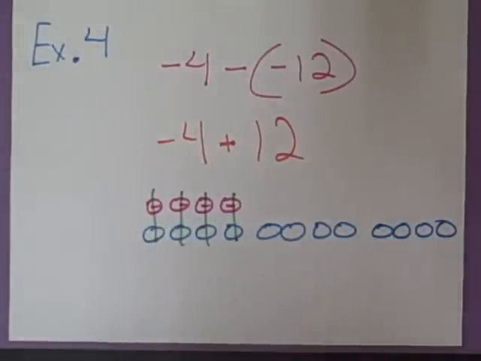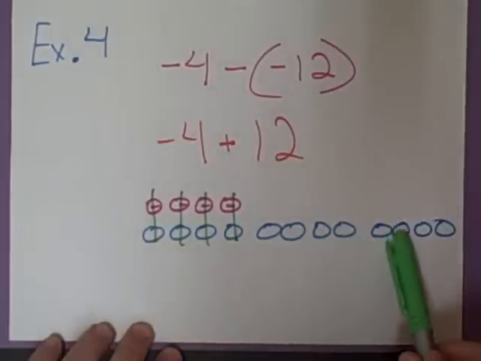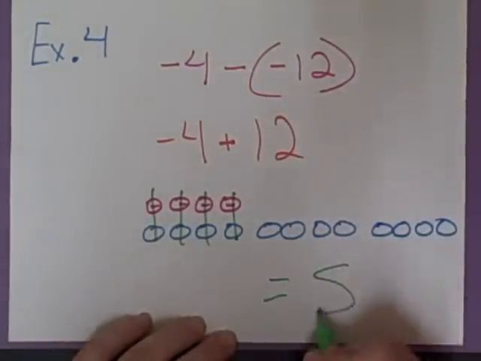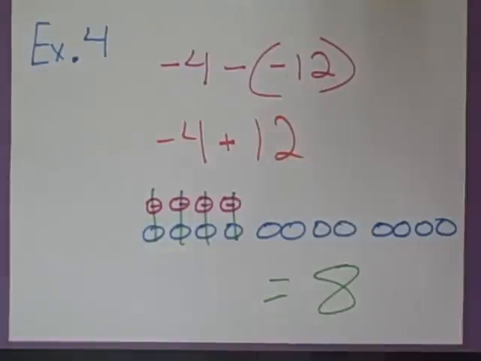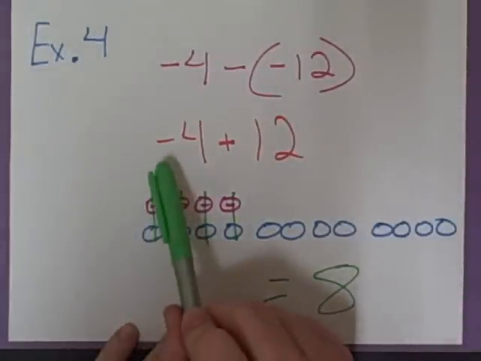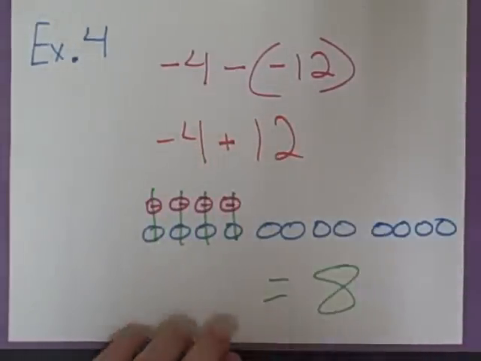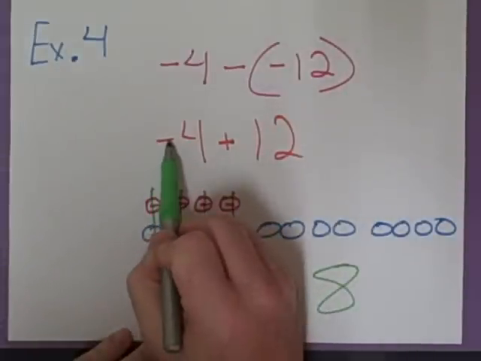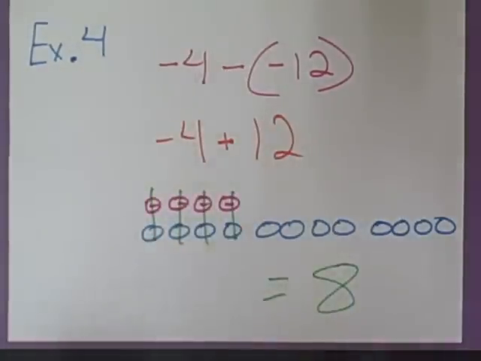And you're left with 1, 2, 3, 4, 5, 6, 7, 8 positives, and your answer is 8. You may also notice that this problem, -4 plus 12, can be read as 12 minus 4. And that equals 8 as well.